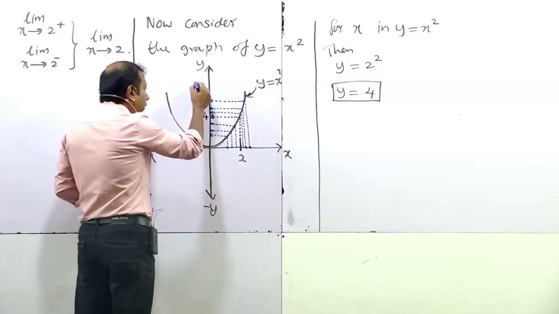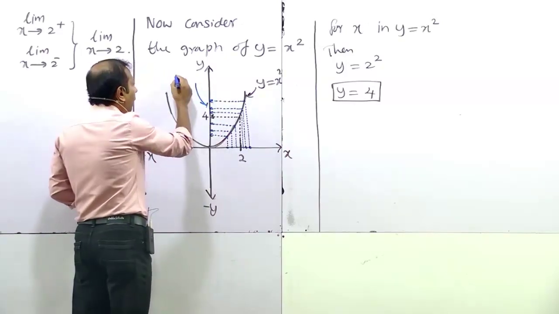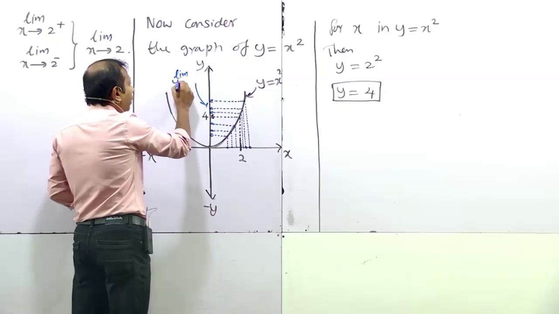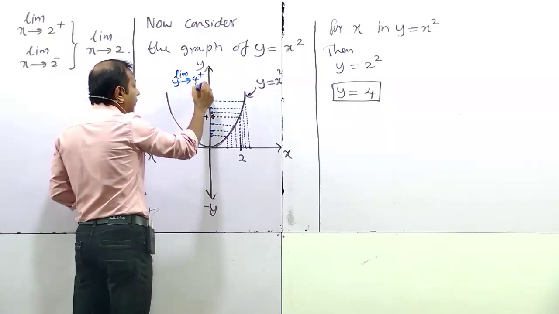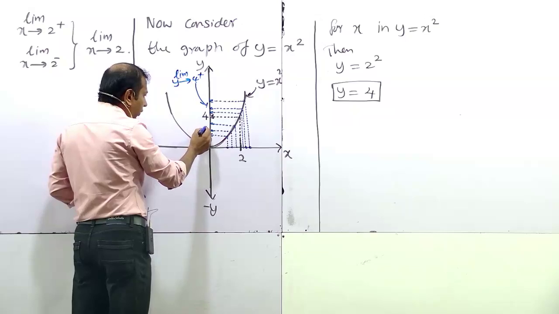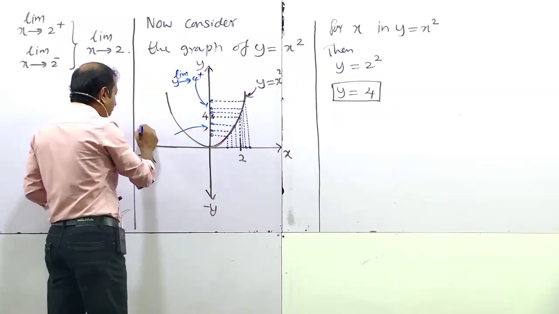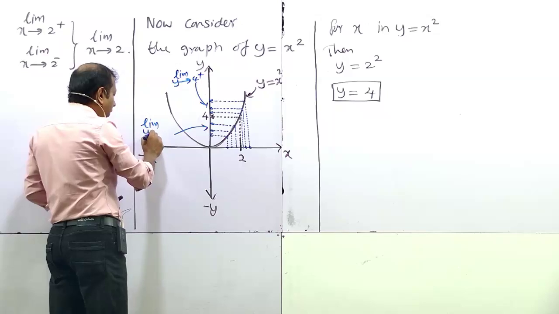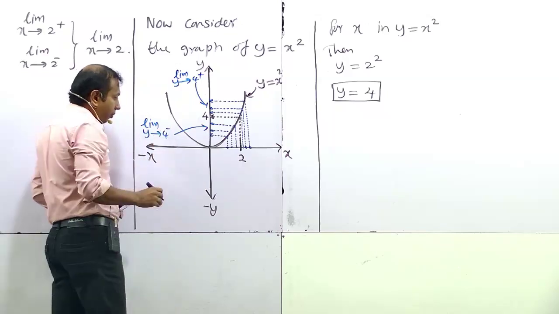This you can write as limit y going to 4 plus, and this limit y going to 4 minus.